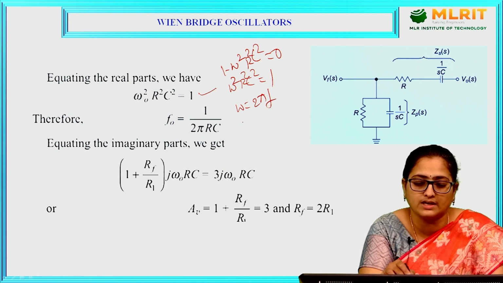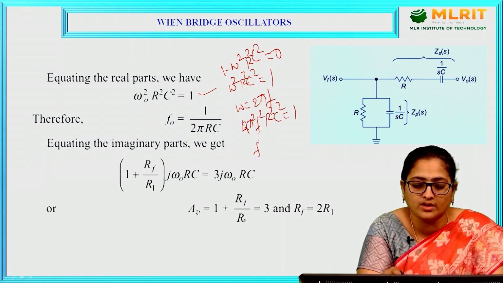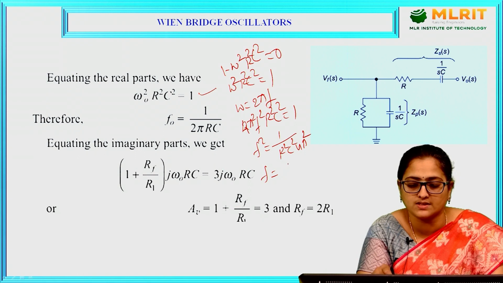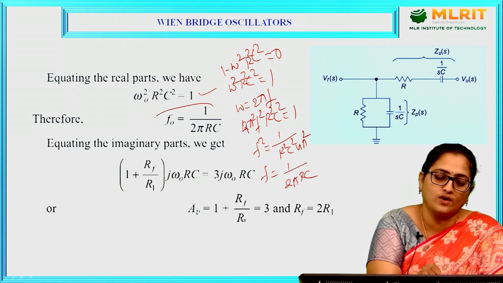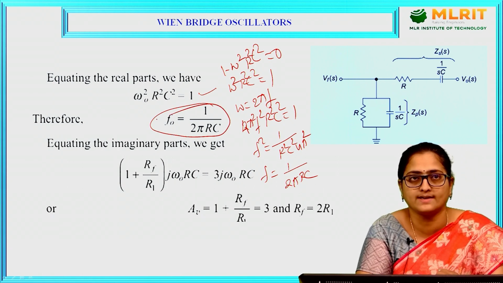So you can write 4 pi square f square R square C square equals 1, where f square equals 1 by R square C square into 4 pi square, and f is given as 1 by 2 pi RC. So you got the sustained frequency of oscillation at 1 by 2 pi RC.